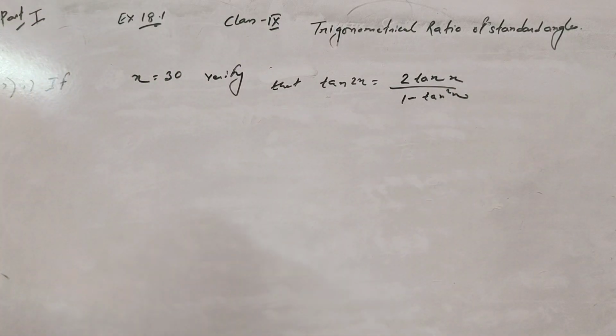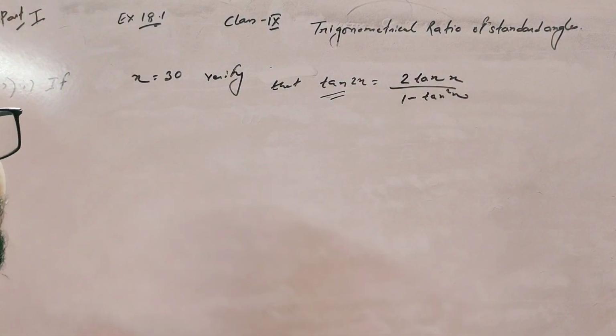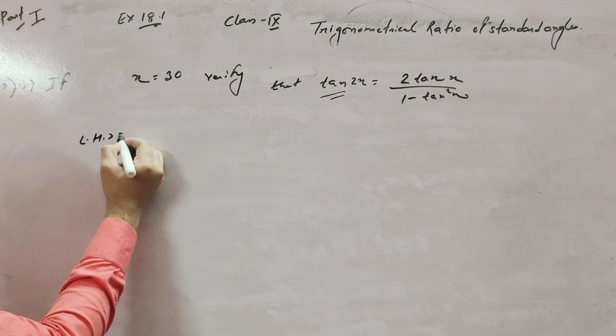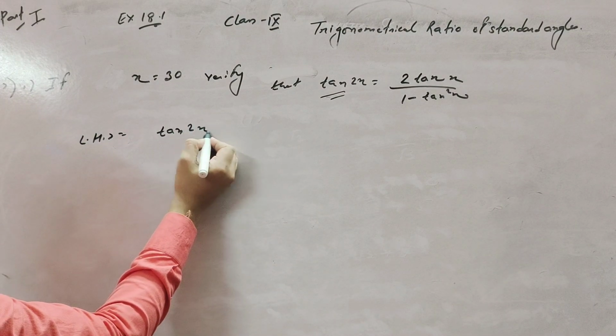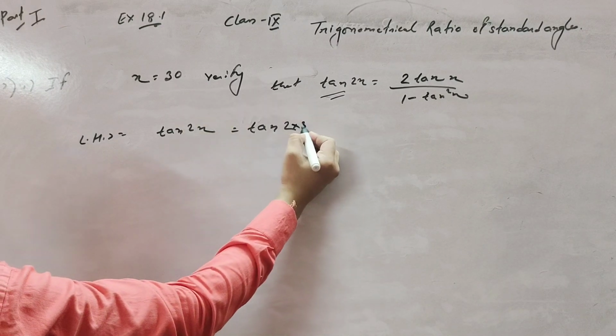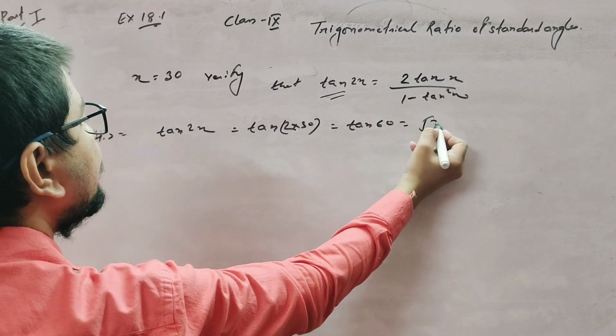Okay, if x equals 30, then verify that this value equals this one. That means again prove LHS equals RHS. So LHS is tan 2x. So tan 2, in place of x we write 30. So that is tan 60, and tan 60 value is root 3.